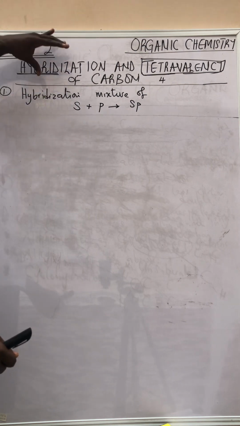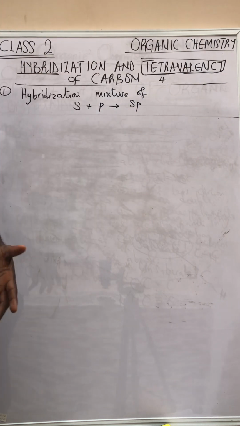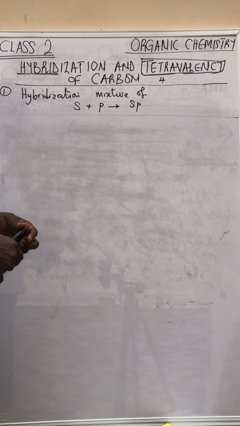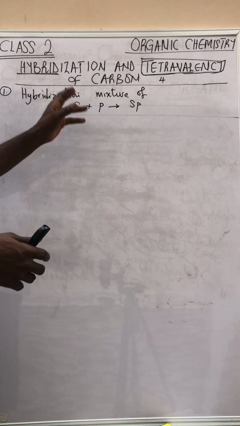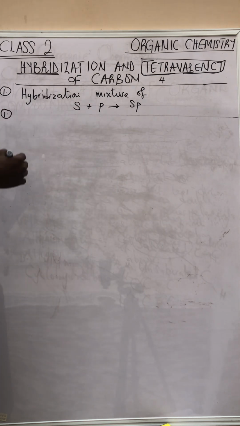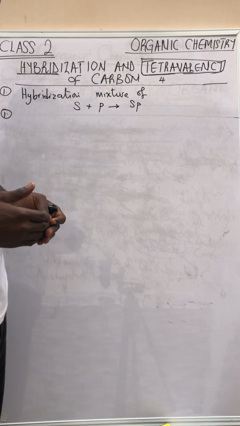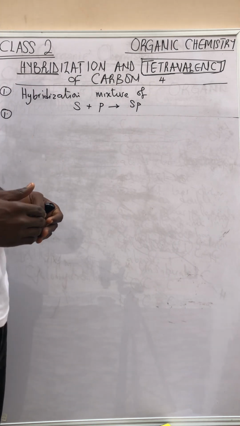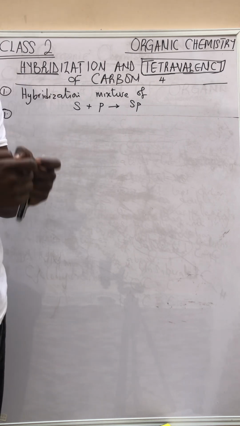Now, having defined hybridization and tetravalency, the next thing is, how do we get hybridization in carbon? The number one point that you must know here is that for carbon to function properly, it must contain four electrons that are unpaired.